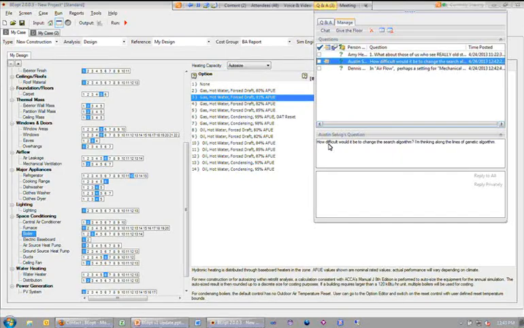Early on in BEopt, we used a different algorithm that was simply meant to identify the single best zero net energy building in terms of cost. It would sort of hunt around, and you'd get a scattering of points, and then you'd get a single building design that BEopt thought was the best building for zero net energy.